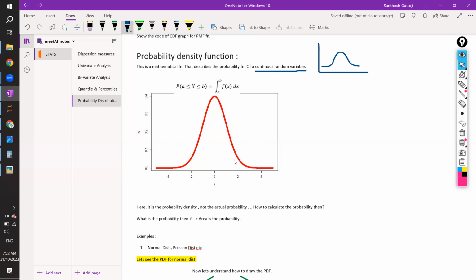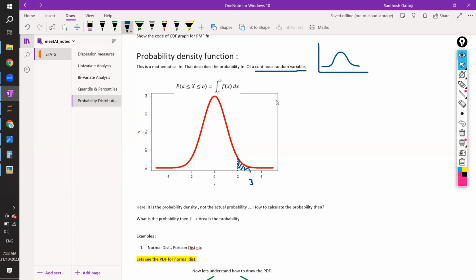Let's say this is 2 and this is 3. The area between 2 and 3 will give you the probability that this random variable will fall between 2 and 3.